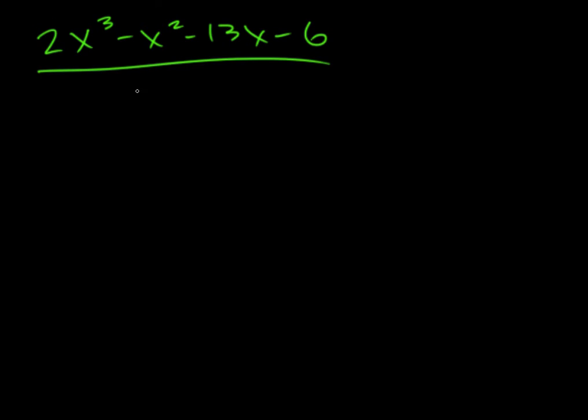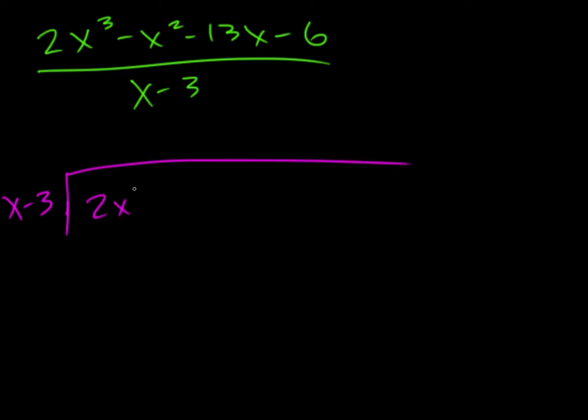Alright, let's try another one. So this one is 2x cubed minus x squared minus 13x minus 6, and x minus 3. So we set up our long division like this. X minus 3.